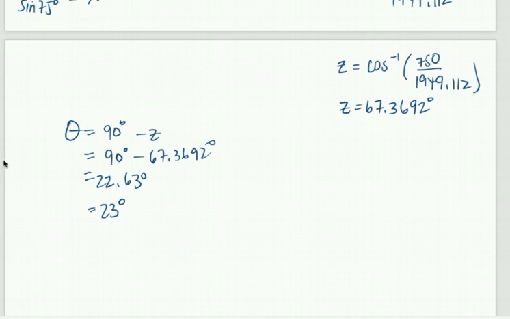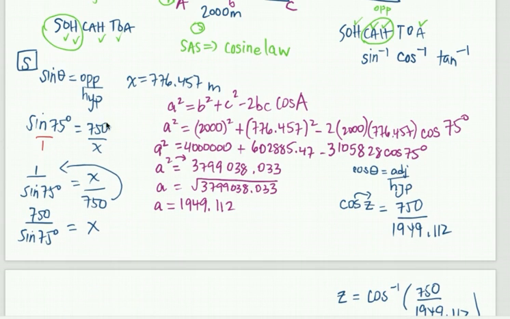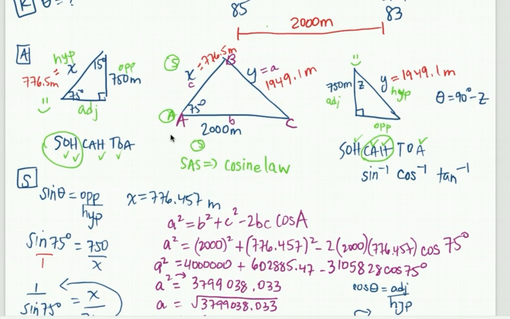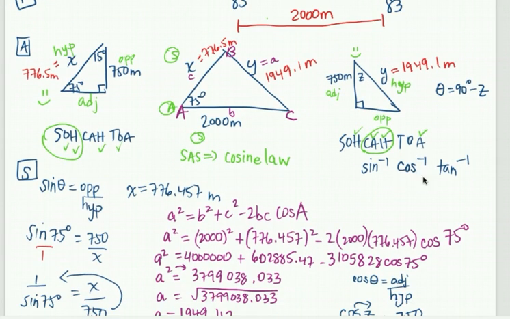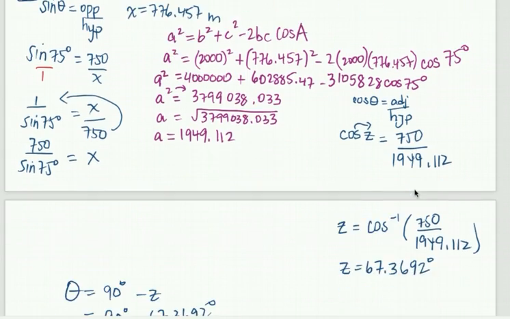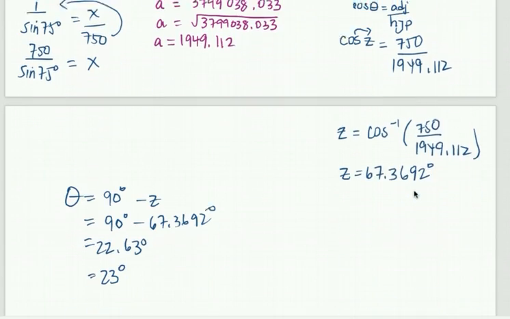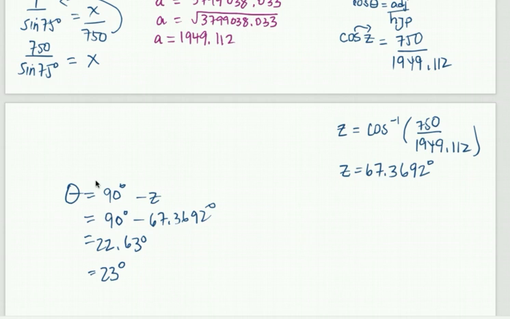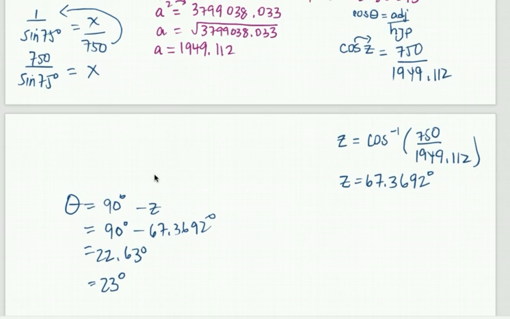Okay, so yes, it was a lot of work. We threw all our tools at it, a lot of tools. We used SOHCAHTOA, and then we used cosine law, and then we used SOHCAHTOA again, but then we had to take the inverse to find the angle, and then we even took stuff from elementary and grade 9, where angles in a corner, I guess an L shape here, add up to 90 degrees.